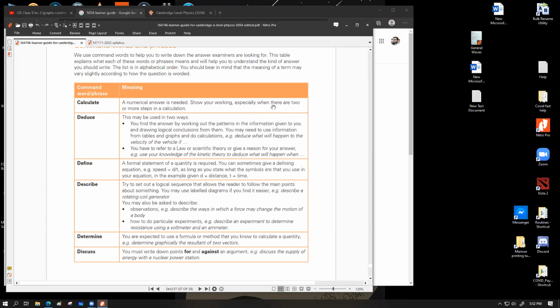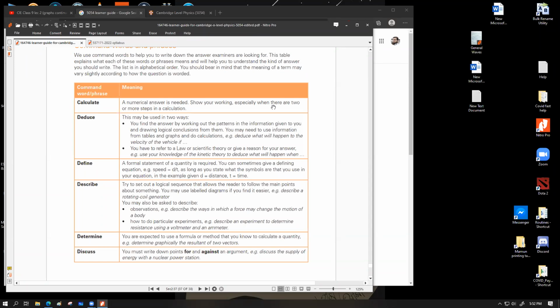So deduce basically in most cases means state and explain, both of them together, but you usually have to use a significant portion of your pre-known knowledge about a certain variation that is not directly discussed in the question.